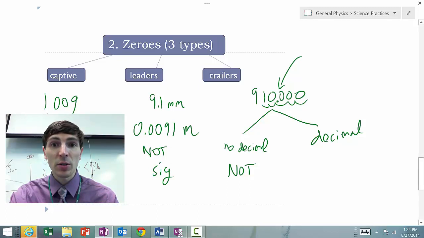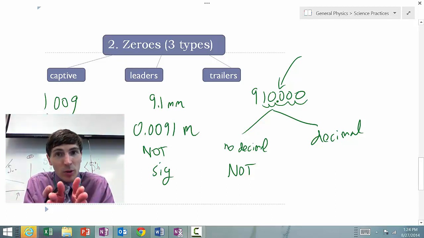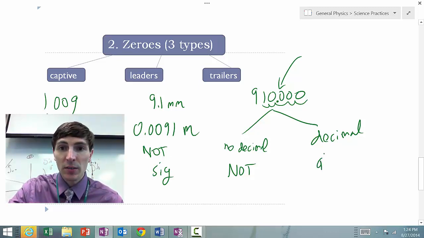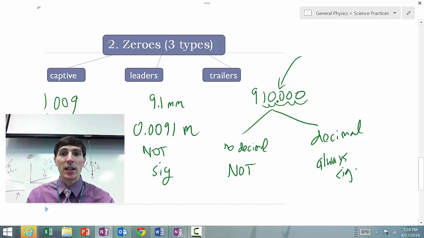Those 3 zeros are measured. So each time I add a 0, you're saying it's more and more and more precise. And so trailing zeros with a decimal are always significant. Those are measured. Someone actually measured that it was on the dot, on the dot, on the dot.